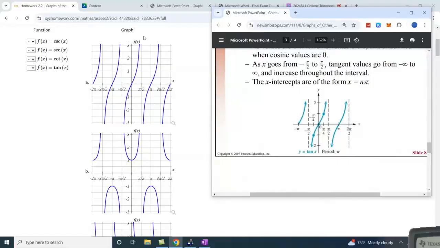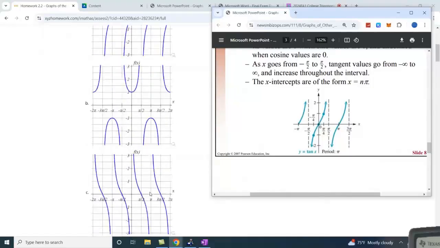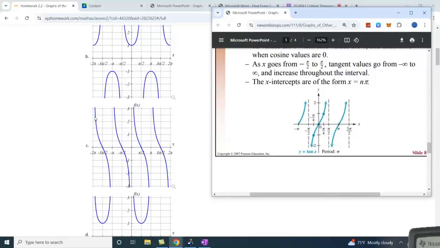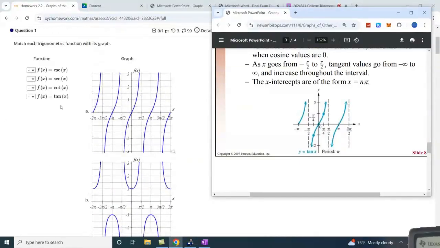Because as you read it from left to right, this graph goes up. For at least my number C, as I read this from left to right, the graph goes down. This would be the graph of cotangent x. So tangent and cotangent just depends upon whether the graph is ascending or descending.